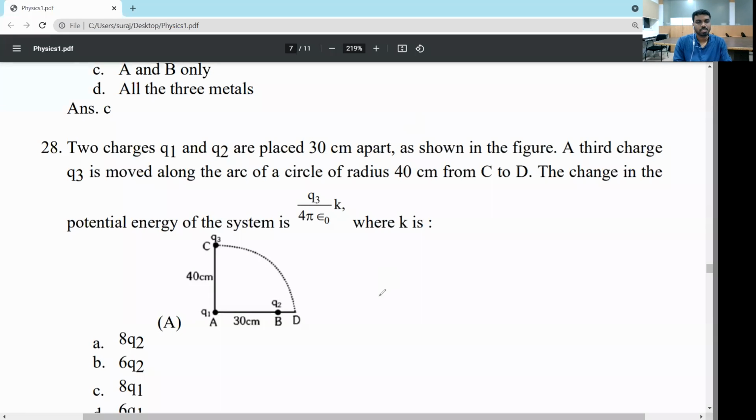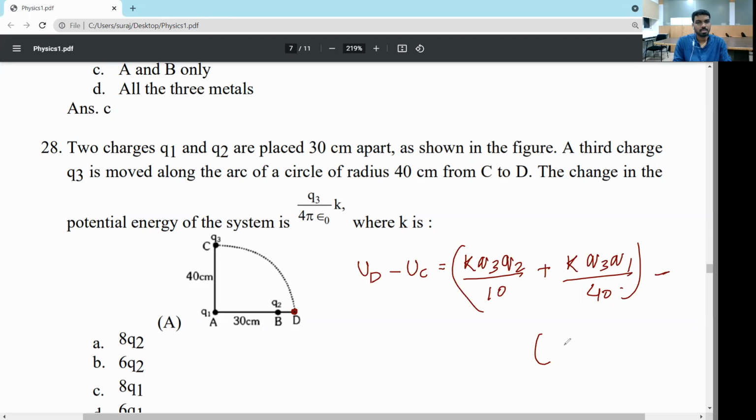The change in potential energy is UD minus UC. So UD will be how much? K Q3 Q2 by 10 plus K Q3 Q1 by 40. This is UD.